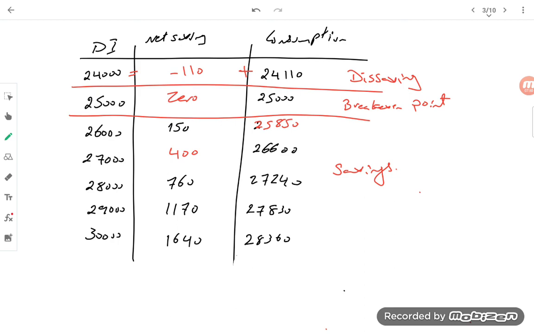How can we illustrate this graphically? First of all, in order to be able to draw the graph, we have to draw something known as the income line, or 45-degree line.